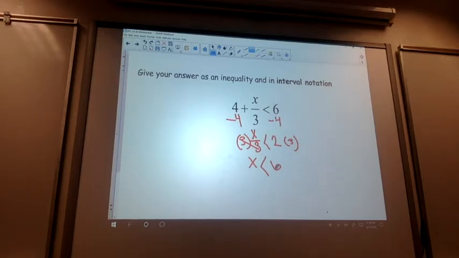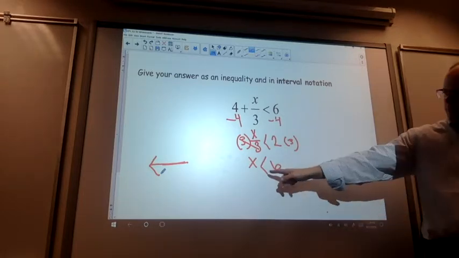Multiply by 3, multiply by 3, so you get 6. Okay, you were so close. Where is that arrow pointing to go to? I don't know if it's a closed or open thing. Do I have an equal sign right here? It's open.